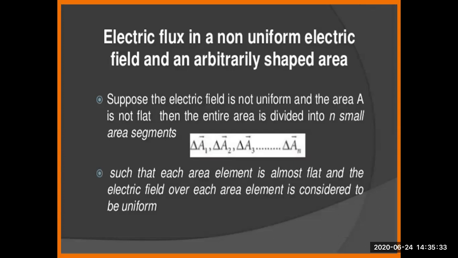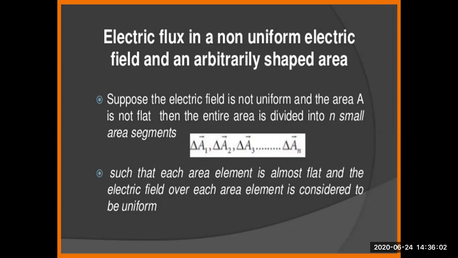Now let's see this one: electric flux in a non-uniform electric field in an arbitrarily shaped area. Suppose an electric field is not uniform and the area A is not flat, and the entire area is divided into n small area segments, such that each area element is almost flattened and the electric field over each area element is considered to be uniform.